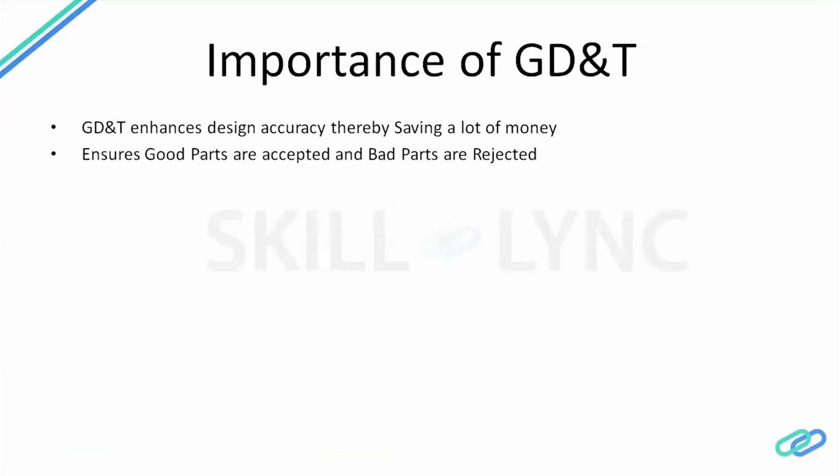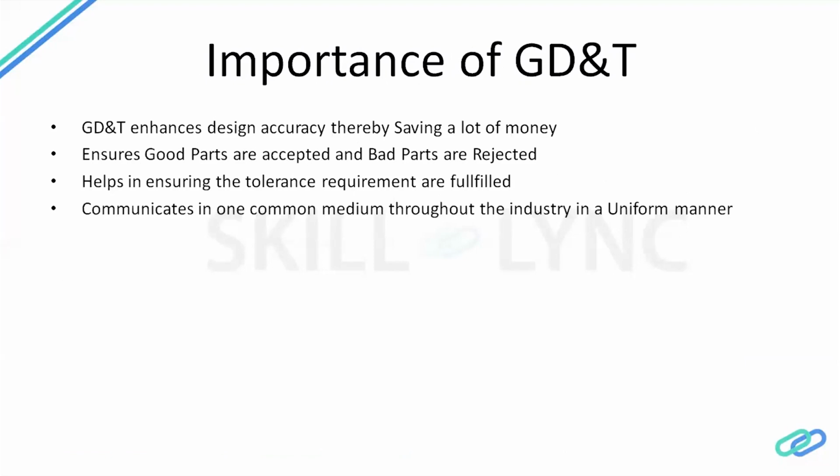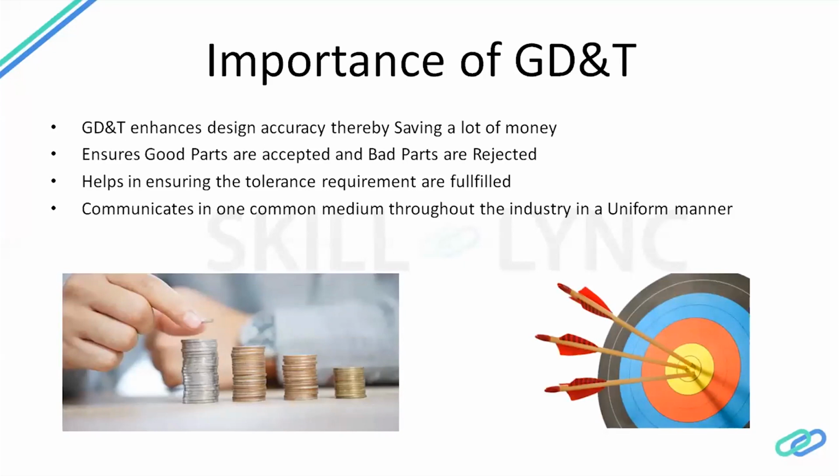So why is it important to follow GD&T, and why does everyone follow it? Without GD&T, if you use the common coordinate tolerancing systems without any GD&T symbols, you will be following a square tolerance zone. With a square tolerance zone, you will not be following any position tolerance at all, and there is a chance that good parts will get rejected.